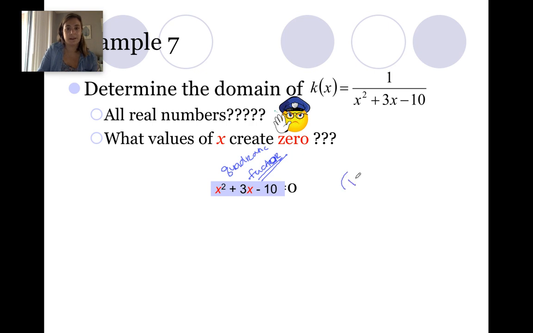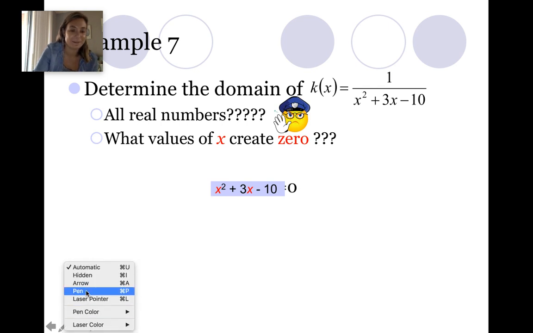So x plus 5, x minus 2 equals 0. The zero product property allows me to say x can equal -5, x equals 2. Do you think I should do that number line? Oh, darn. I didn't mean to click.